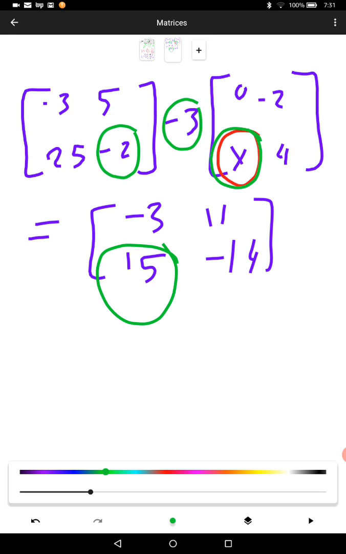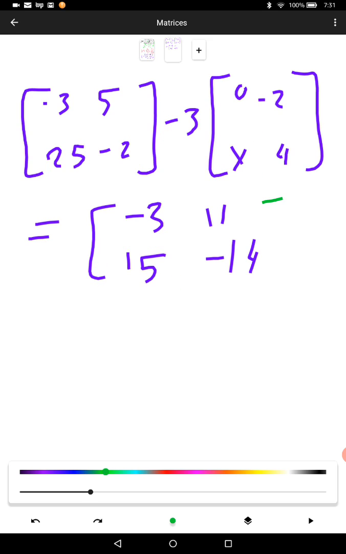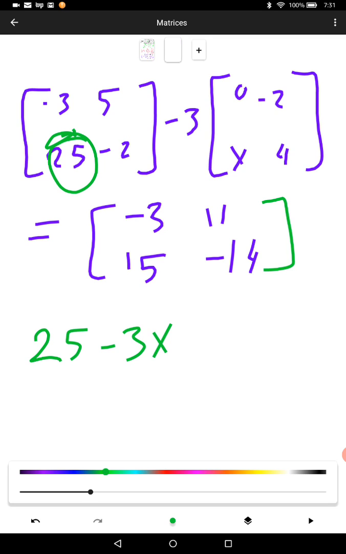Again, I'm sorry about this mistake. 25, sorry. So you have 25 minus 3 times x equals 15. This is the corresponding element we have.